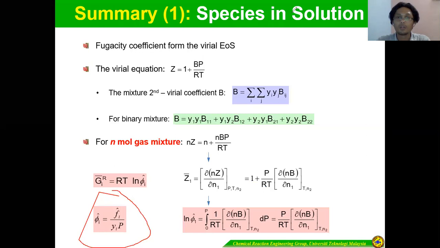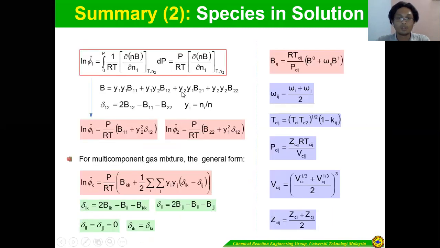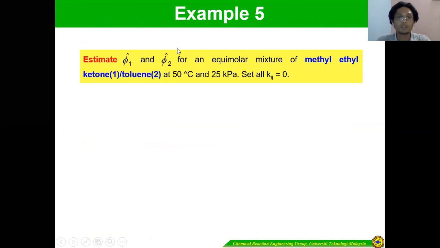So next, we do the tutorial, example 5, together.